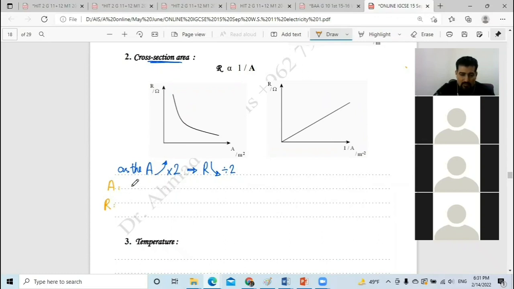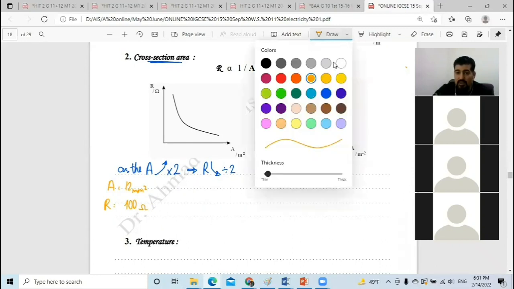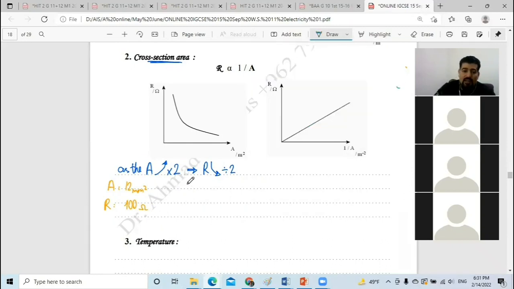For example, if I have a wire that has a cross-section area of 12 millimeter square, and its resistance was 100 ohm. If I double the cross-section area, it's thicker, it's 24 millimeter square.